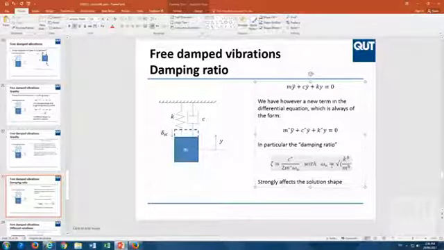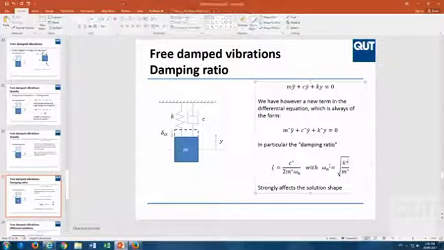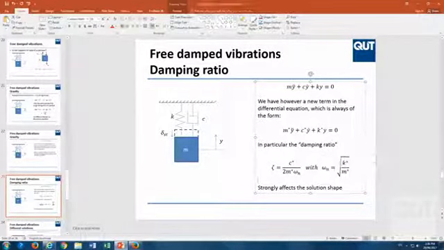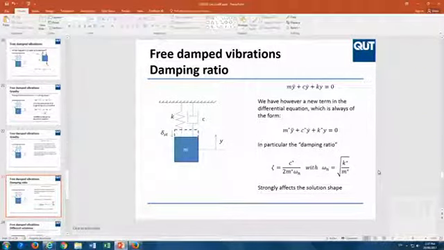I'll write star. So when you obtain this equation, you have the numbers for this and for this. You can calculate omega n immediately by the square root of the ratio of this, and then you can calculate zeta with the ratio between this and 2. So you can calculate these two numbers.